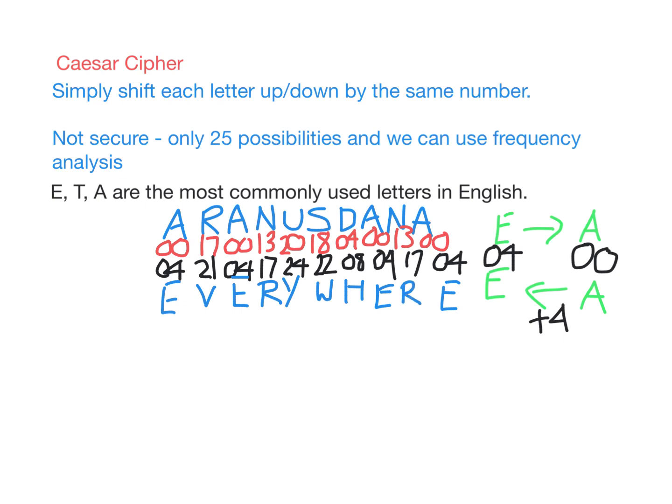So we get the message "everywhere". That's how I encrypted the message on the first slide. So we have a coherent message, so we know we're on the right track. If this word didn't have E as its most common letter, we might then try mapping A to T. So we could try any number of that. Again, there's only 25 possibilities. We're just looking at the most likely possibilities first.